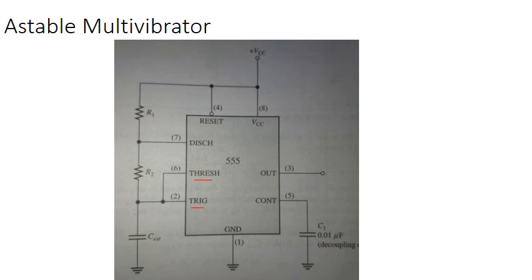Then a coupling capacitor C1 of 0.01 microfarad is connected to the control voltage pin of the 555 timer. This capacitor does not have any role in the operation of the multivibrator. This is just for decoupling.